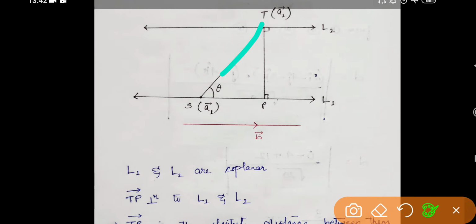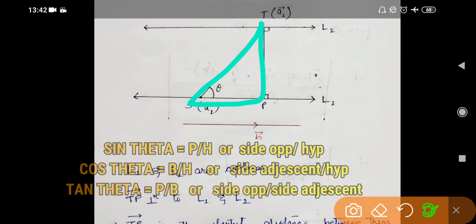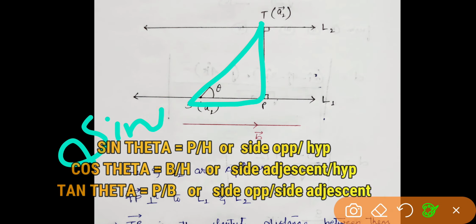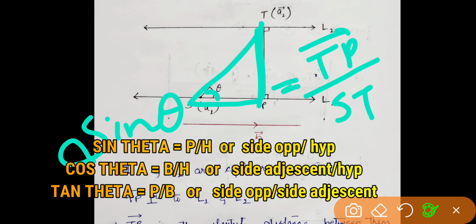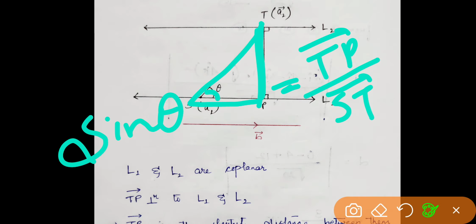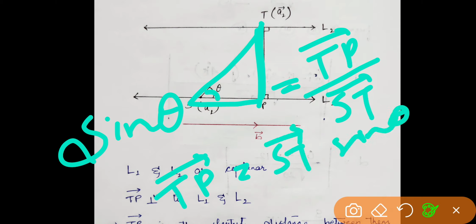You see in this triangle STP, sine theta will be what? Side opposite by hypotenuse. This is our theta, this is side opposite, that is TP, by hypotenuse is ST, right? So I can say TP is equal to ST sine theta, or I can just write sine theta as this.